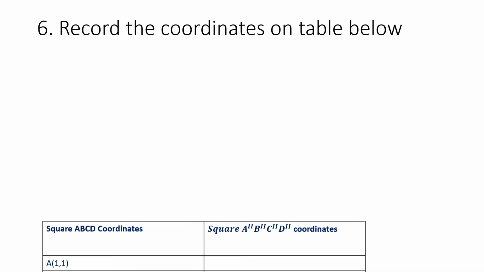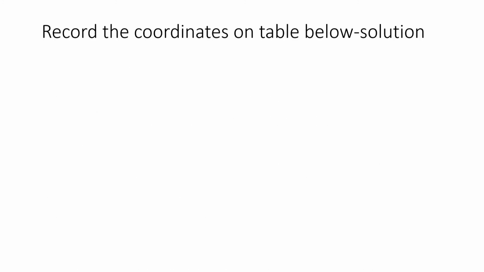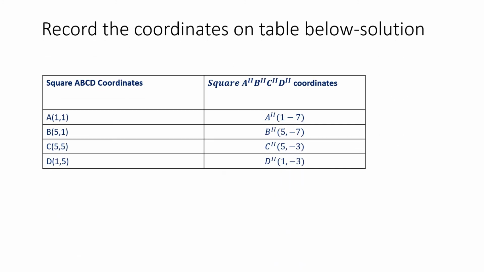Record the coordinates in the table below. We know the coordinates of square ABCD, and we need to find the coordinates for square A double prime, B double prime, C double prime, and D double prime.